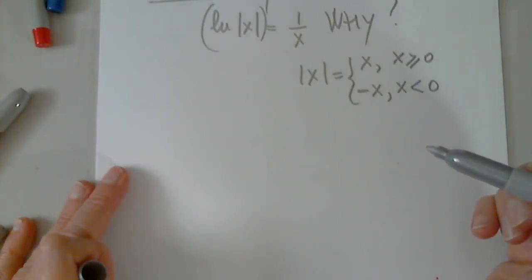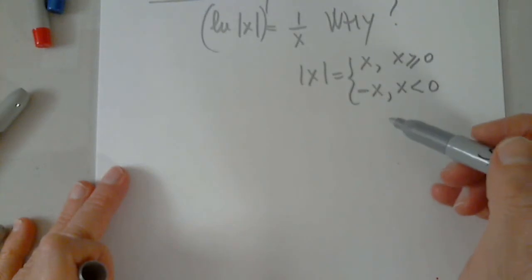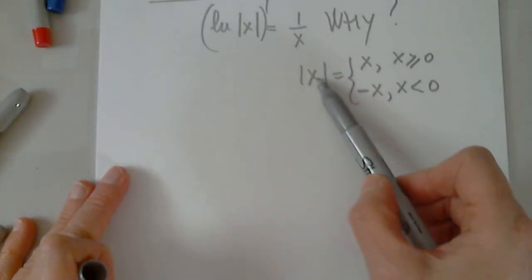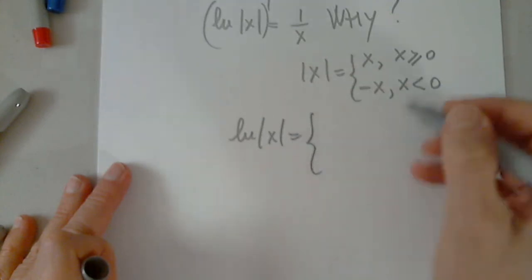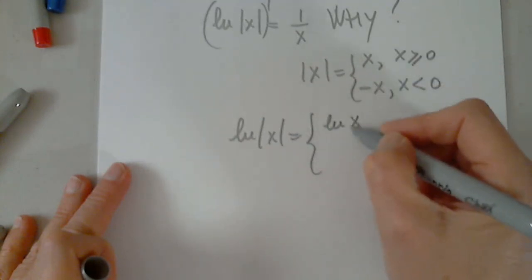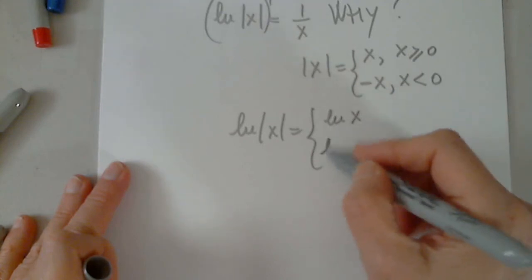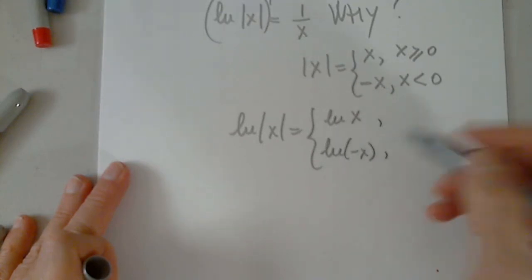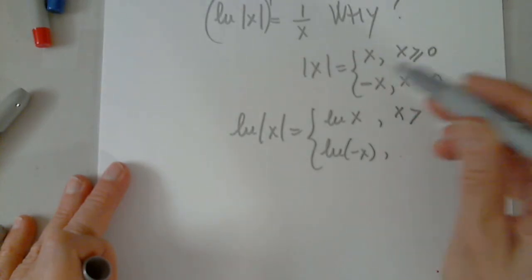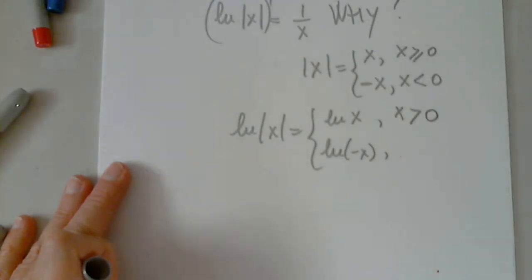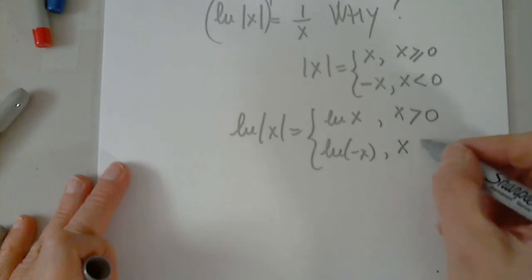Therefore, natural log of this has two options. Either natural log of x or natural log of negative x. For x greater than 0, I cannot plug in 0. That's not possible. And for x less than 0.